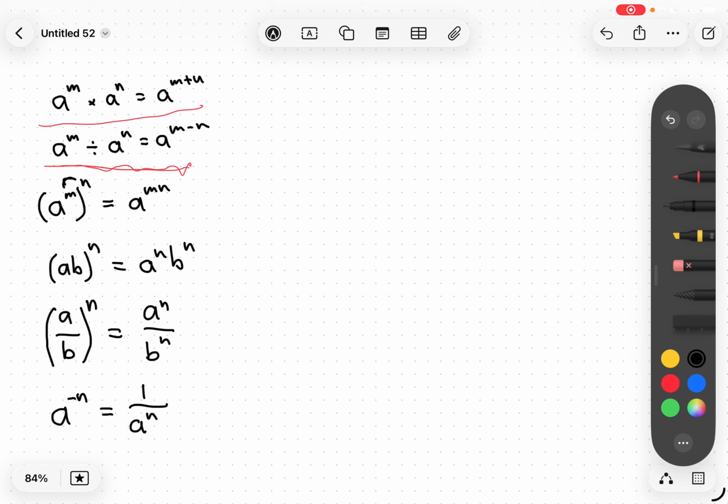Okay, here is another one. So we got w to the 6 times w to the 7 on w cubed. So we can write the top as w to the 6 plus 7, and it's still over w cubed.